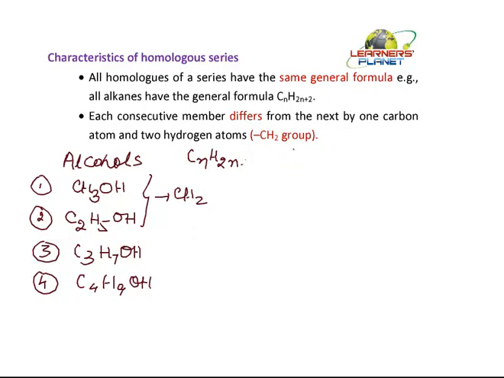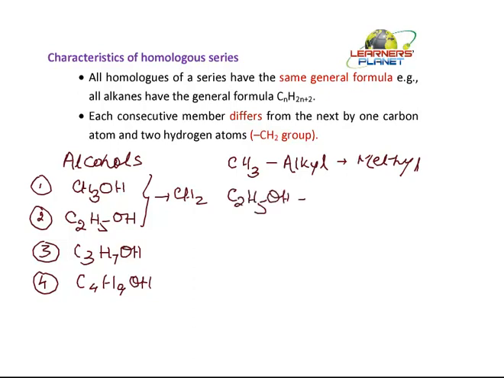CH3 is an alkyl. What is CH3? This is an alkyl, the alkyl of methane, so it would be methyl. What would C2H5 be? It would be ethyl.